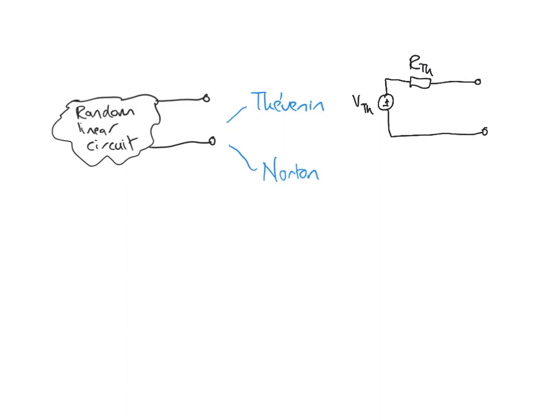And similarly, Norton's theorem tells us that a random complex linear two-port network can be represented as a current source with a current I Norton in parallel with a Norton's equivalent resistance R Norton.